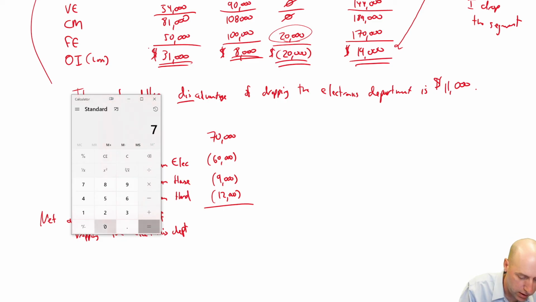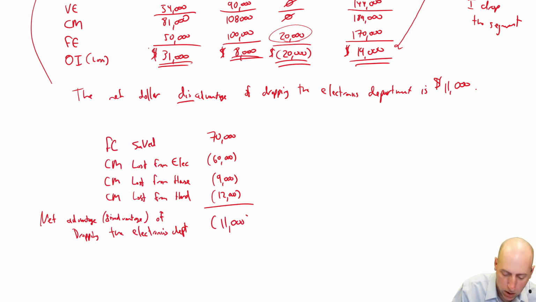Let's do it in the calculator. 70 minus 60 minus 9 minus 12. I get negative 11. So there is a disadvantage of $11,000 to dropping this segment.